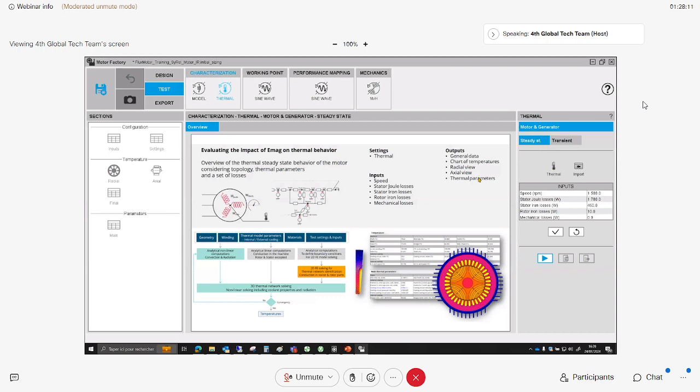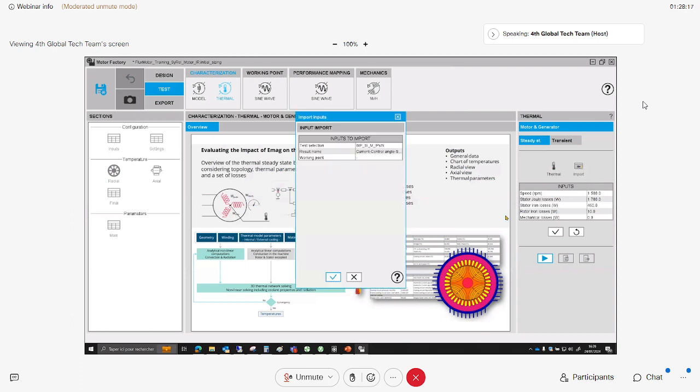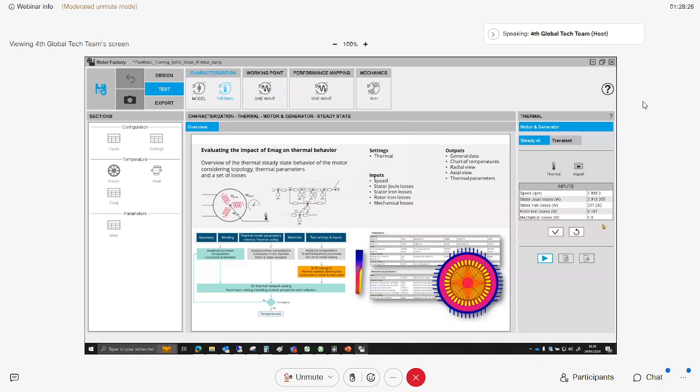Since we already had some computation done for this machine, we can simply go to the import and import the results of the working point we did previously. There are no mechanical losses, otherwise we can import them from the previous test. Mechanical losses for all the tests we are going to do are inputs. They are not computed with Flex Motor.